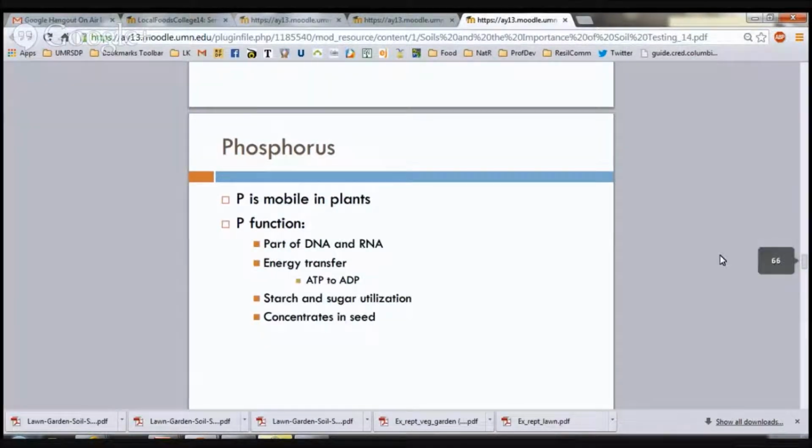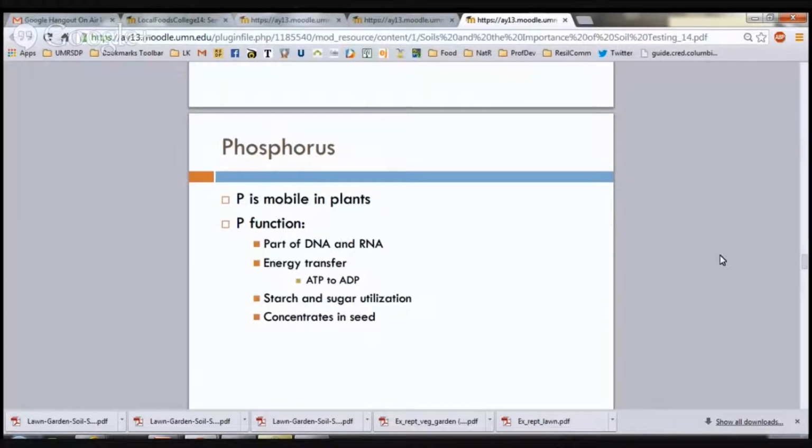And if you're doing a new area, whether it's a new lawn or a new garden, keep in mind phosphorus is really important for that initial germination and development. Lots of times we use a 1 to 2 to 1 ratio fertilizer, so twice as much phosphorus as nitrogen and potassium when we're starting out.